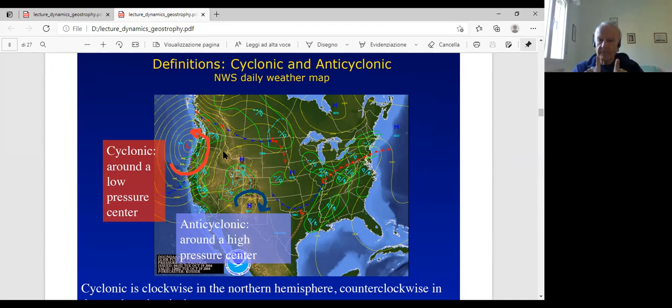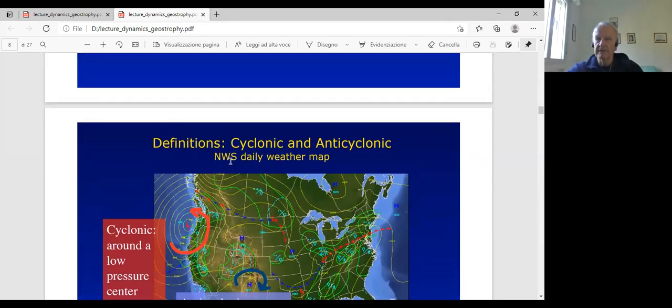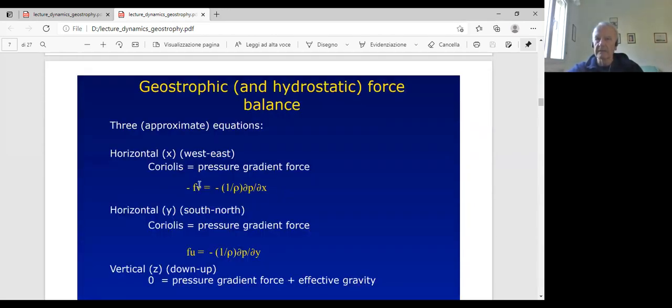The closer are isobars, the lines of equal pressure, the higher is the wind speed, because you can see it from here. The higher is the pressure gradient force, the higher, for the same latitude, is the wind speed. So the closer are isobars, the higher is the wind speed, and vice versa.